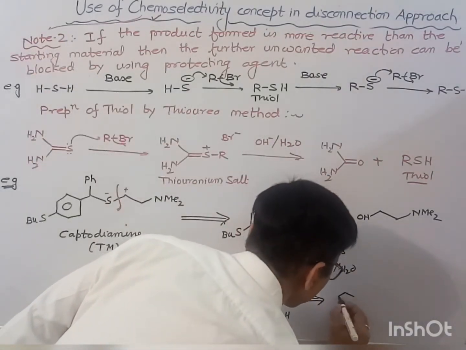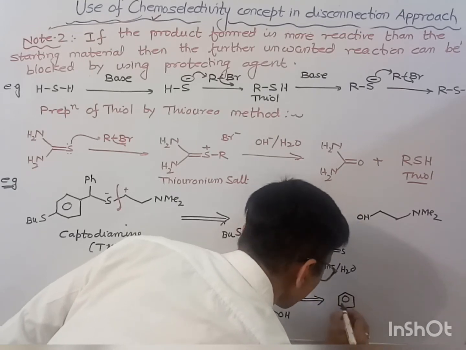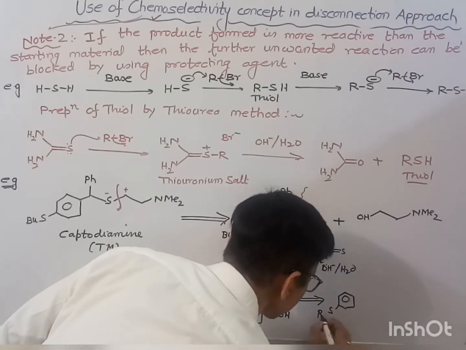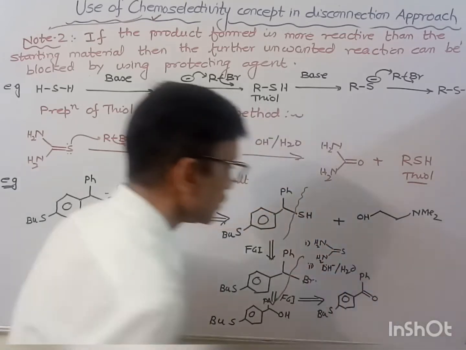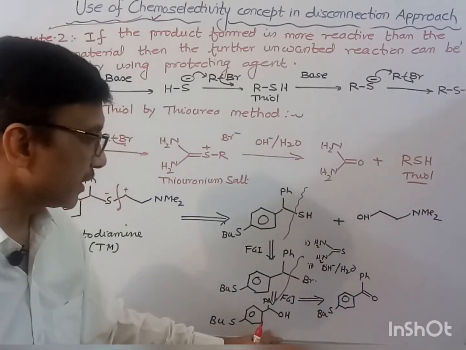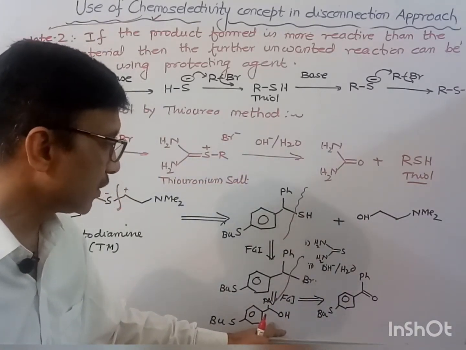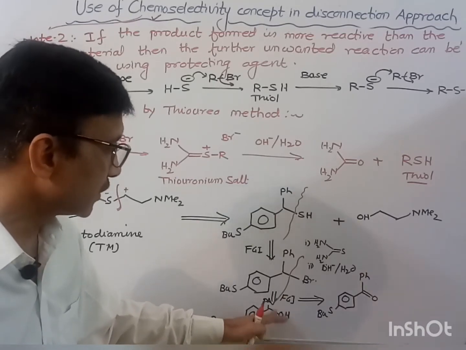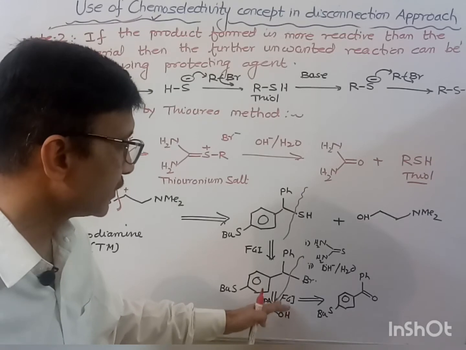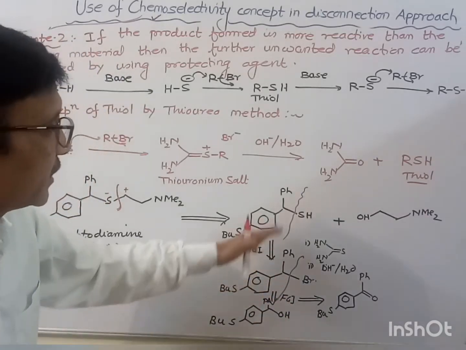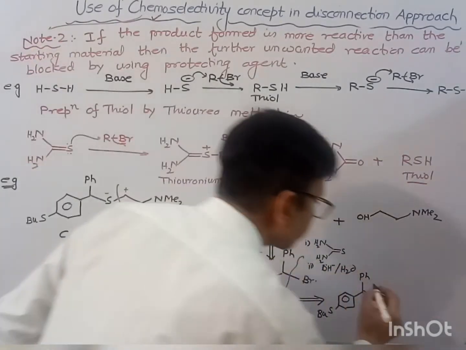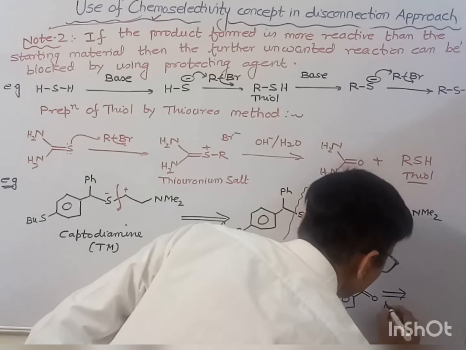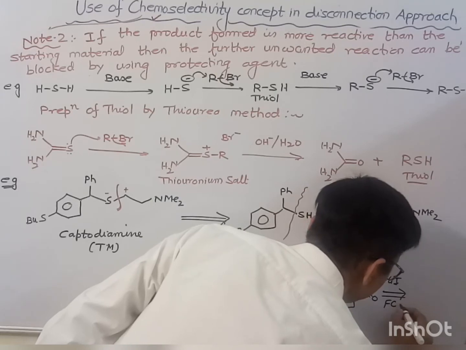Again I may convert it into the carbonyl also, to get a simpler starting material. This is carbonyl. Carbonyl on reduction will give you the alcohol, and in presence of PBr5 again it will give you this one, and then further reaction will give you this reactant. And by Friedel-Crafts acylation, again we can do the FGI.